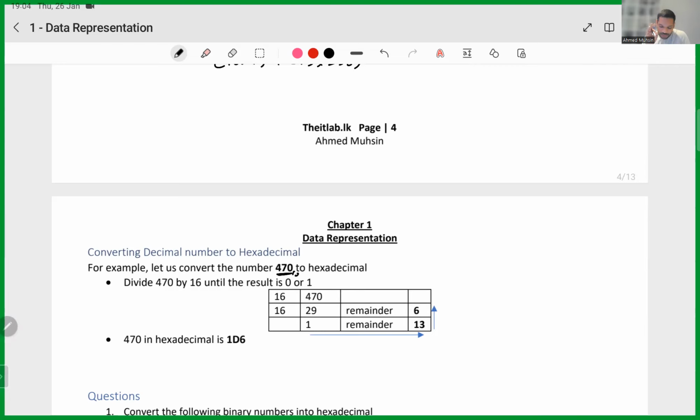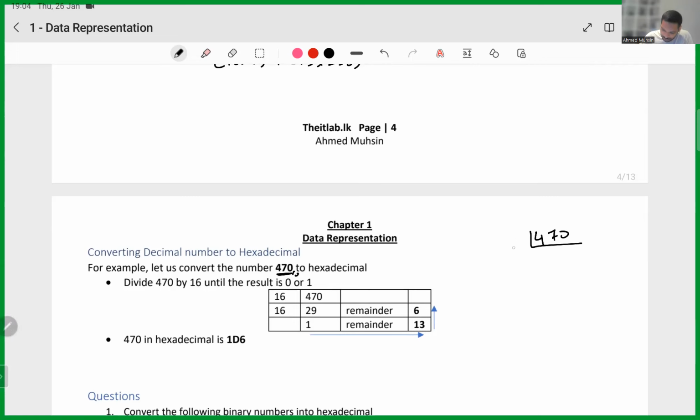So if we have to convert the number 470, if you do remember, guys, in binary we were dividing by 2 each time. The reason we were dividing by 2 is because in binary we have only 2 digits. In hexadecimal we have 16 digits, so each time we have to divide by 16. Do keep that in mind.